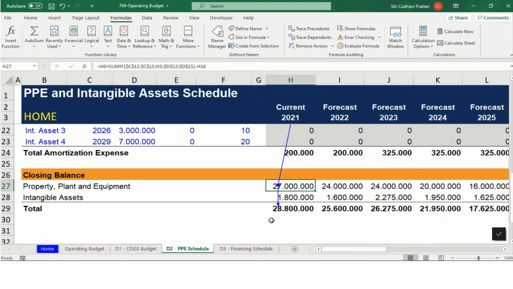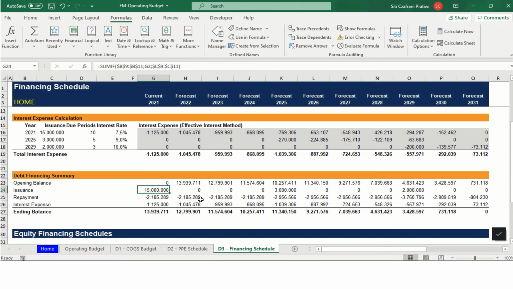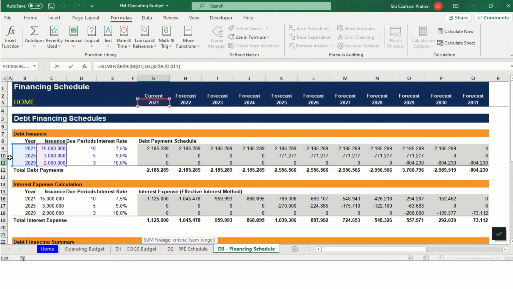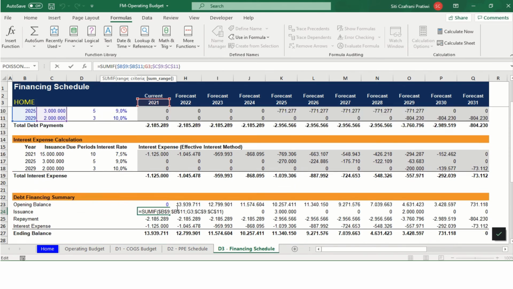It indicates whether in a specific year there is any new debt issuance or not. For instance, here we use SUMIF. The range is B9 until B11, which is the year here, while the criteria is the specific forecasted year, and the sum range is the issuance here.